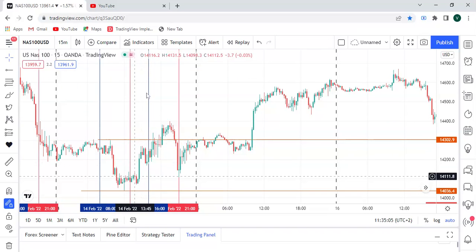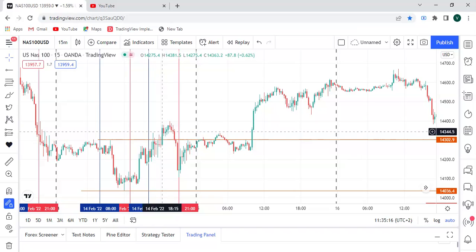On this Monday, we got a break of this London session, but it's not really a clean break. Our clean break happens around here. We got this break and it went all the way to the upside, but then we see a rejection again. The market goes back into the zone.